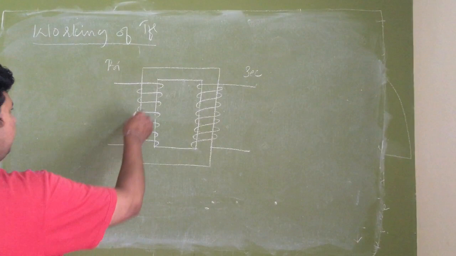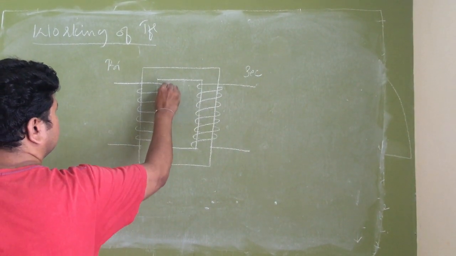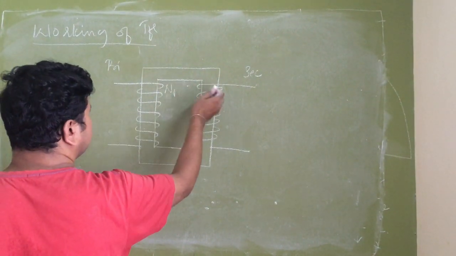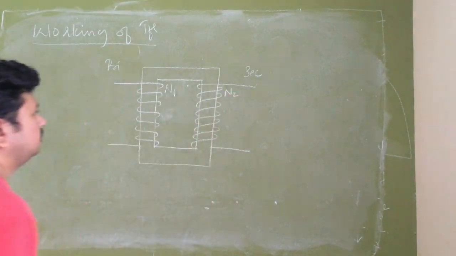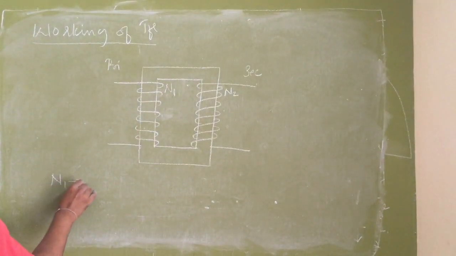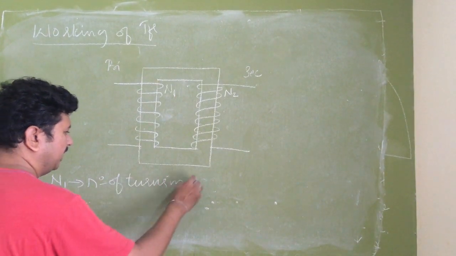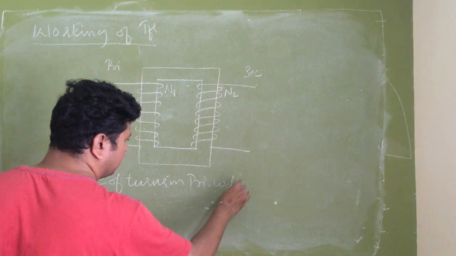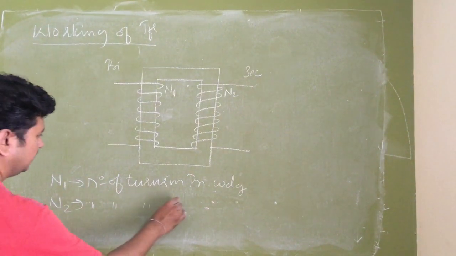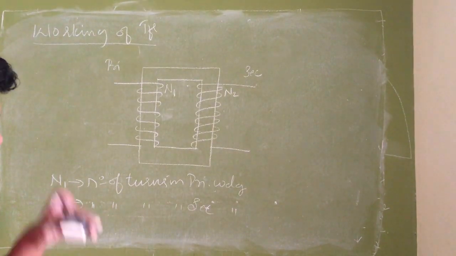Now let the number of turns in primary be N1, and the number of turns in secondary be N2. So N1 is the number of turns in the primary winding and N2 is the number of turns in the secondary winding.